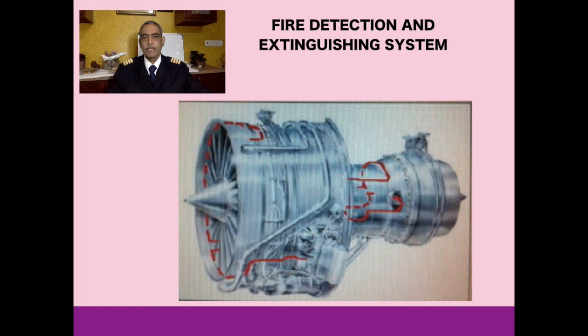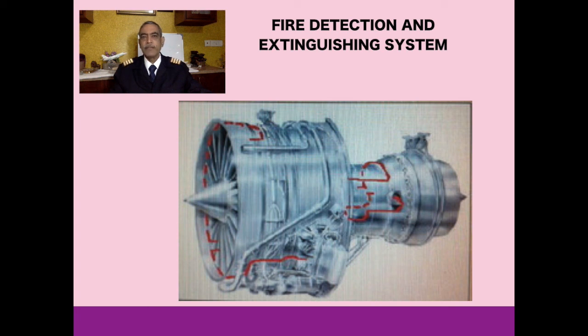Next is the fire extinguishing system. I don't have to amplify the importance of the fire extinguisher system, because fire hazards are the most critical hazard for any plane and in any flying situation.